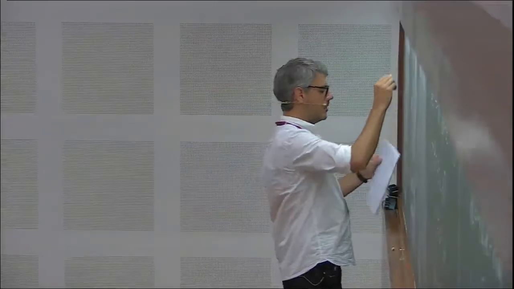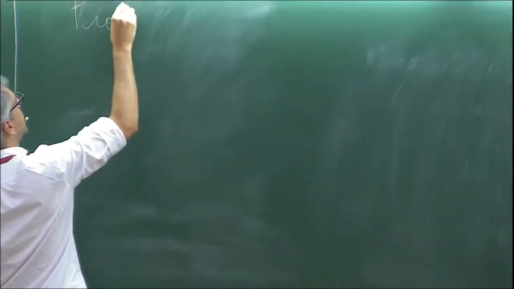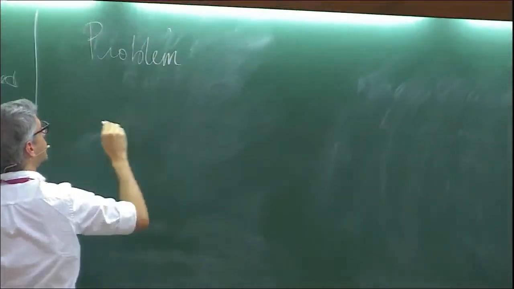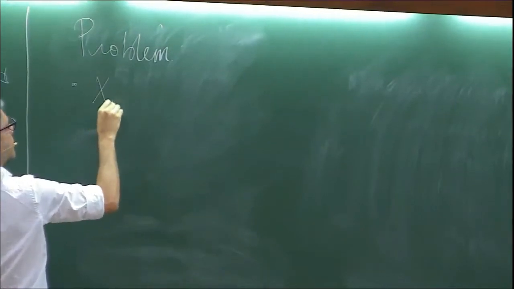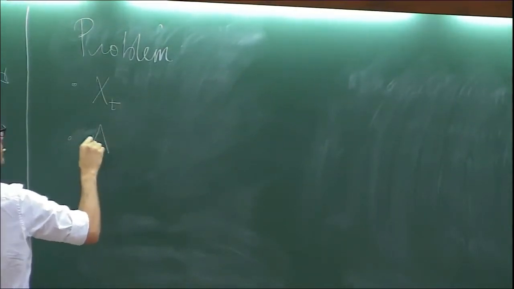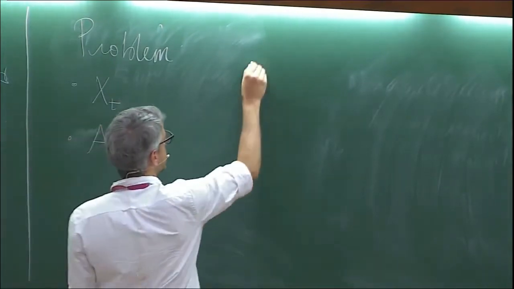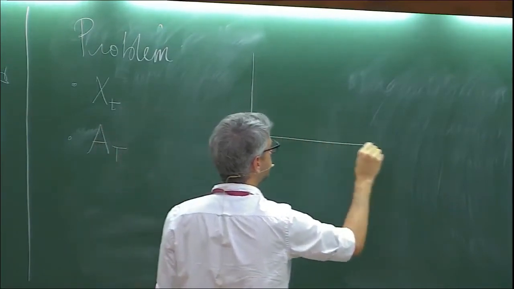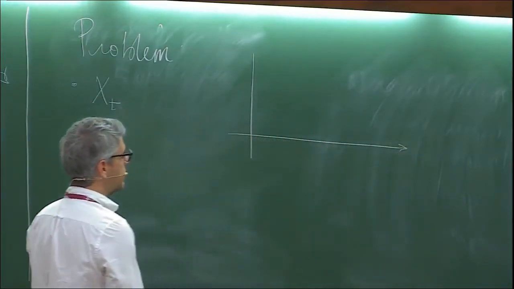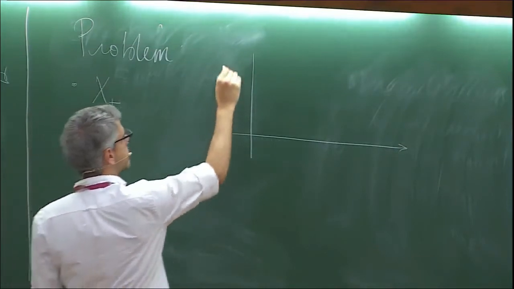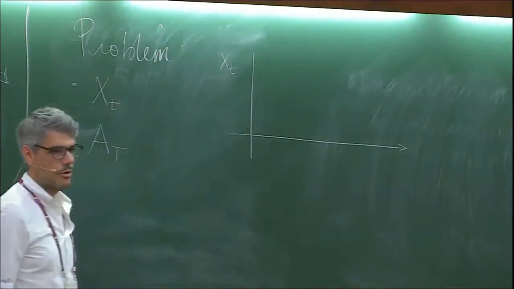So again, this is the problem. We have again a Markov process, and then we have again some observable, which will be the time-integrated observable that I mentioned before. In terms of simulation, if I was to find a distribution of the observable, what I would do is to generate trajectories of my process numerically.